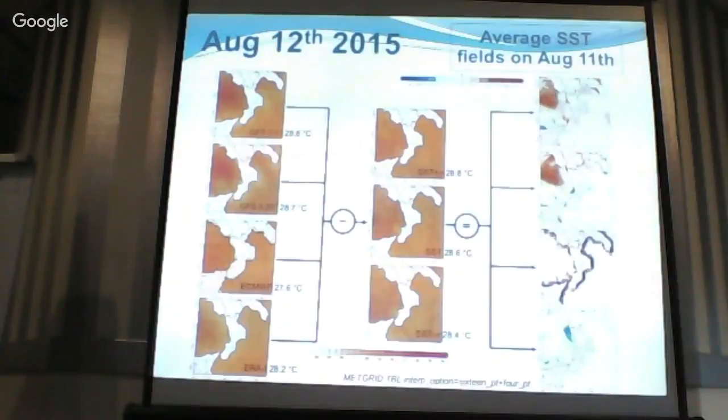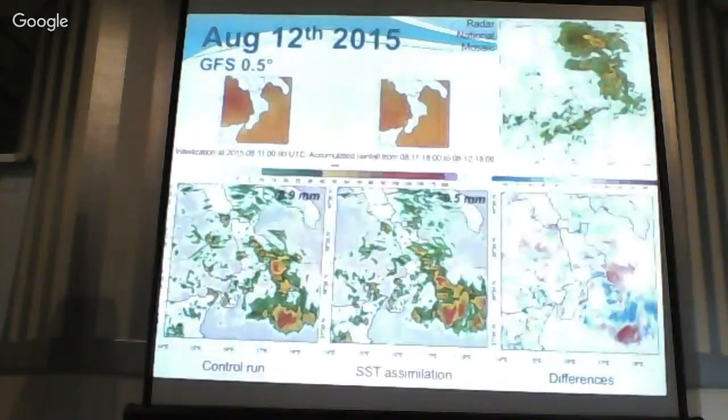You can see from the differences between these fields and the high resolution fields that generally there is not a big difference. For GFS, usually GFS is warmer in the Tyrrhenian Sea, but most important is the Ionian Sea. And we have some comparisons.